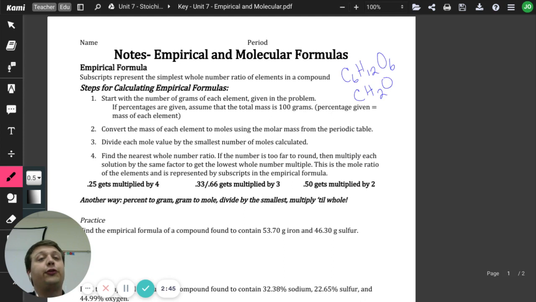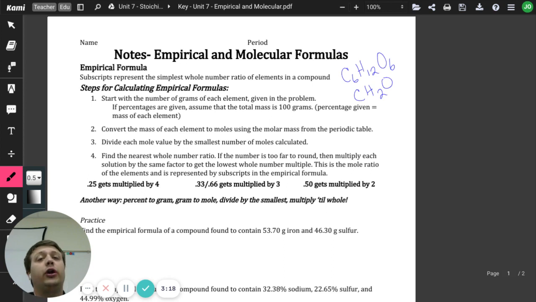If the number is too far to round, then what we're going to do is we're going to multiply it by a number until we get to that whole number ratio. Okay, so what I mean by too far to round, if you end up dividing by the smallest and your answer is like 2.25, then you're actually going to have to multiply that by 4, right, to get it up to a whole number. But what you do to one, you have to do to all of them. So if I multiply one of them by 4, I have to multiply all of them by 4. All right, so keep that in mind.